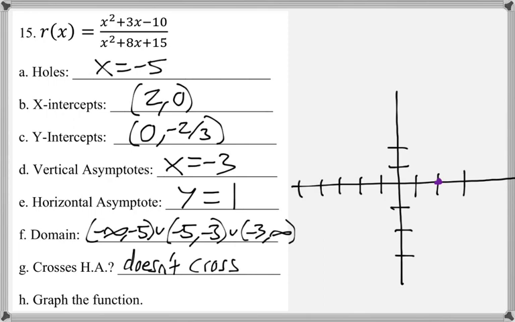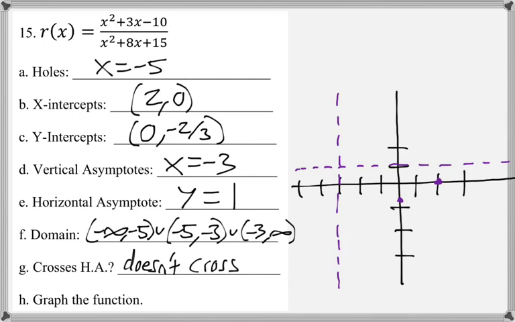I know my y-intercept is at (0, negative 2/3). I know there's a vertical asymptote at negative 3. I know there's a horizontal asymptote at 1. And I know my domain is that. I know I don't cross.